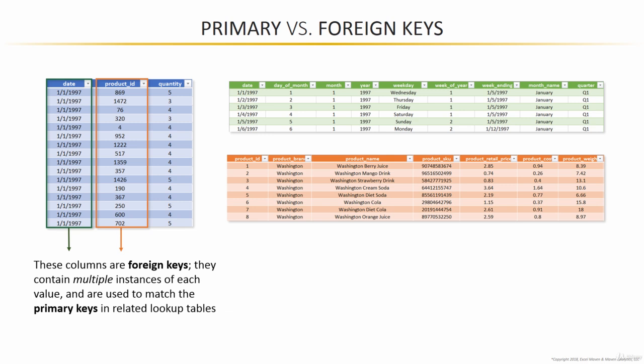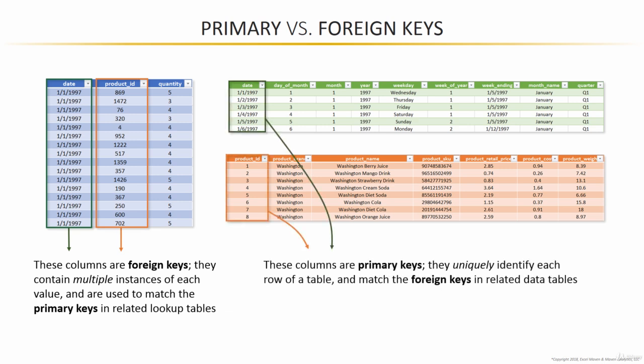So we could potentially see many duplicate values in both of those date and product ID columns. Now when we look at the same columns in the lookup tables, date in the calendar table and product ID in the product lookup table, these are called primary keys because they uniquely identify each row of the table and they match the foreign keys in any related data tables.